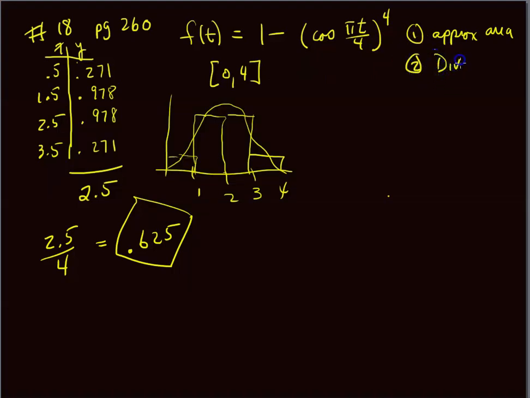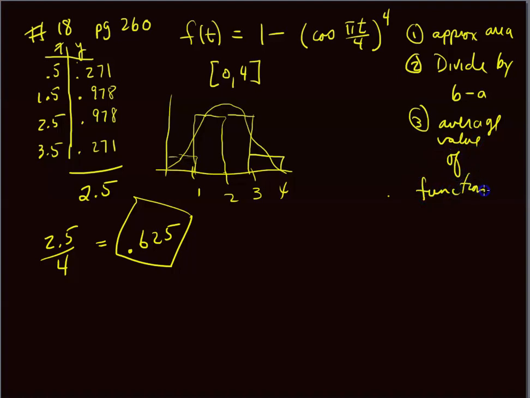You then divide by B minus A, and that's the average value. The area divided by the length.